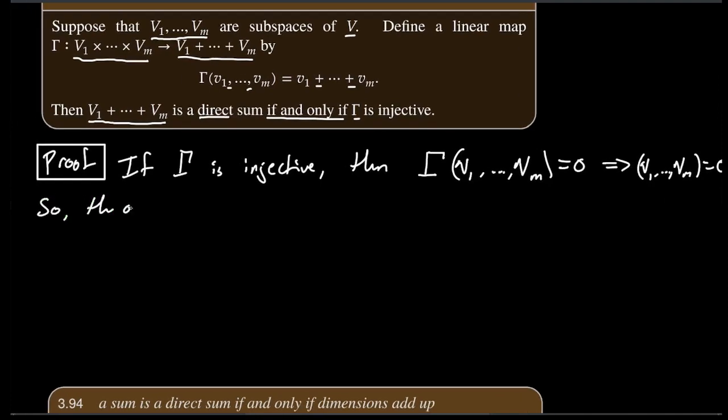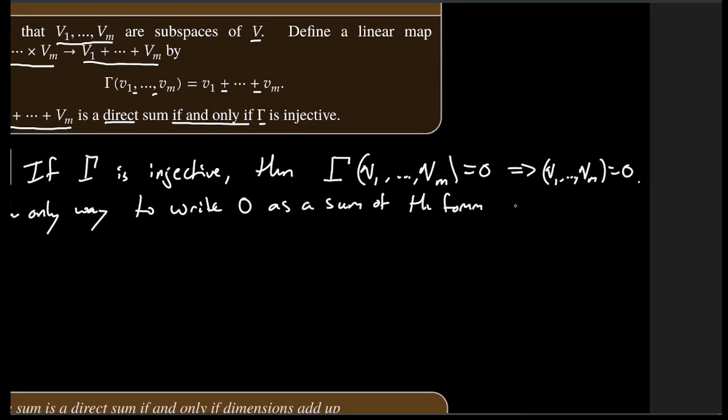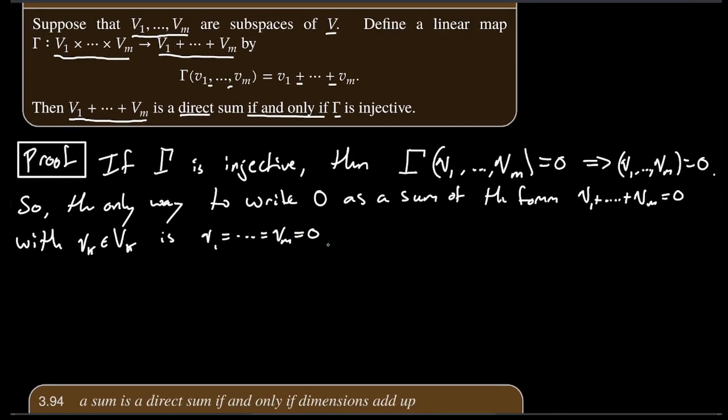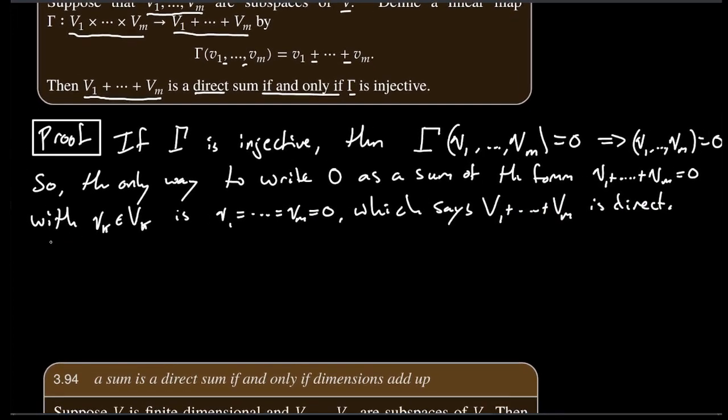So the only way to write 0 as a sum V1 plus ... plus Vm equals 0 with Vk in big Vk is V1 equals ... all the way down to Vm equals 0, which says V1 plus ... all the way down to Vm is direct.